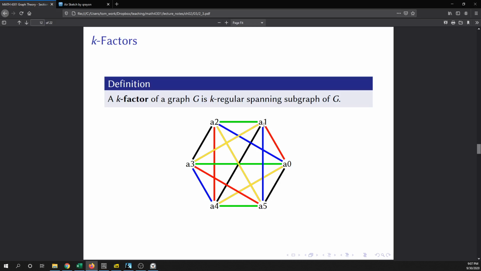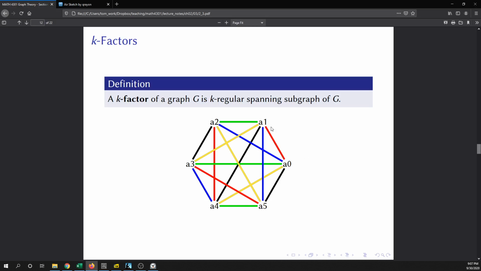Every vertex in that subgraph has degree 1. So that is a 1-factor of this graph.